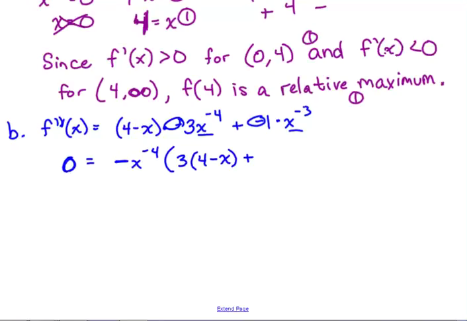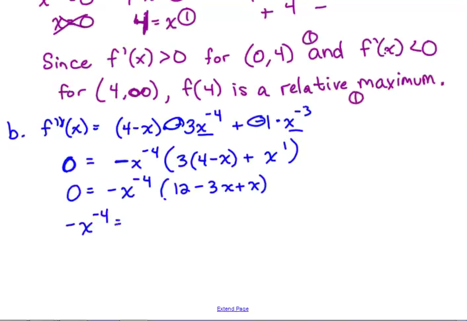Remember, when you're taking out a GCF, it's really like you're dividing. So negative 3 minus negative 4 is plus 4, so that's x to the first. Let's simplify: inside the parentheses, 12 minus 3x plus x. So we've got negative x to the negative 4th, times that, equal to 0.